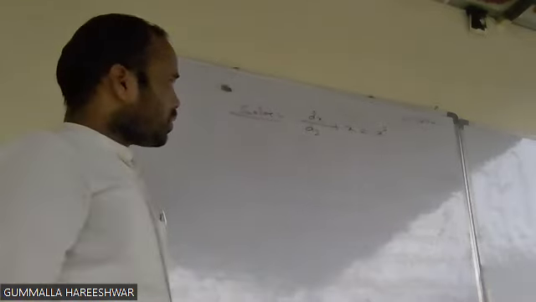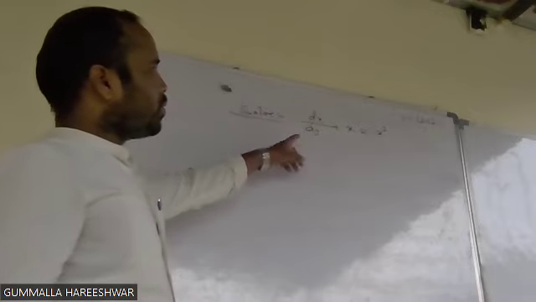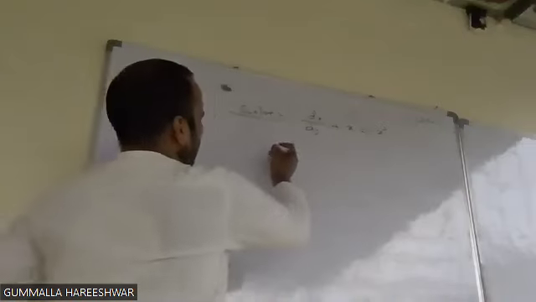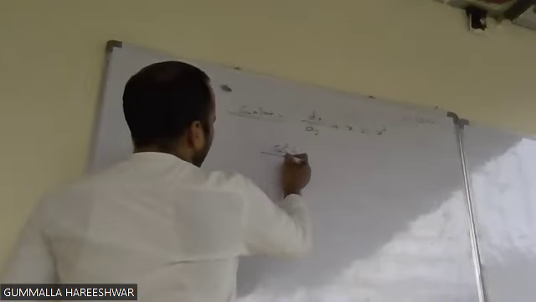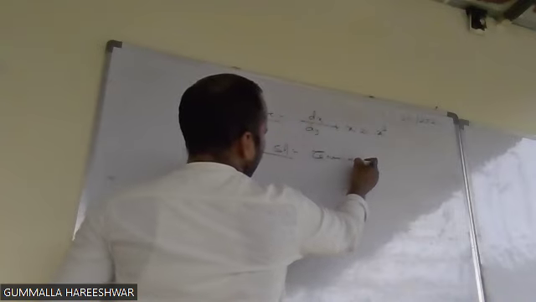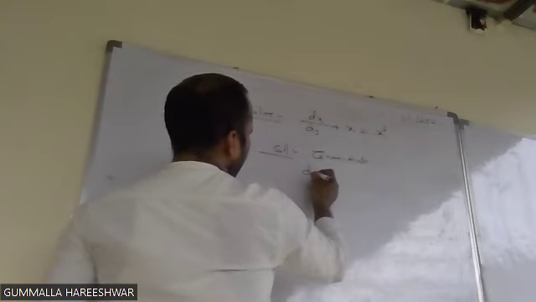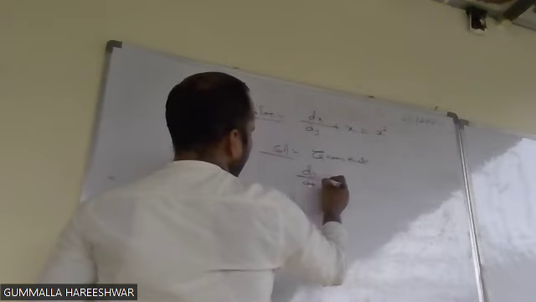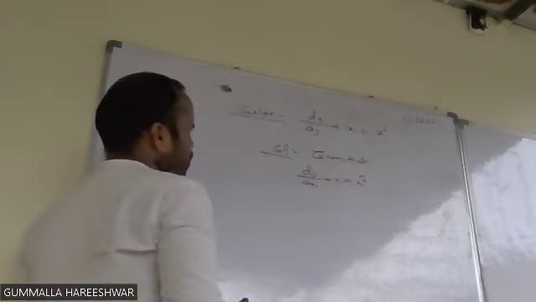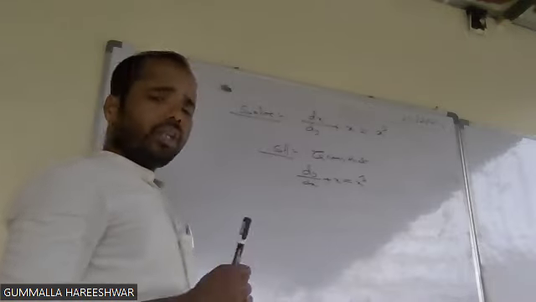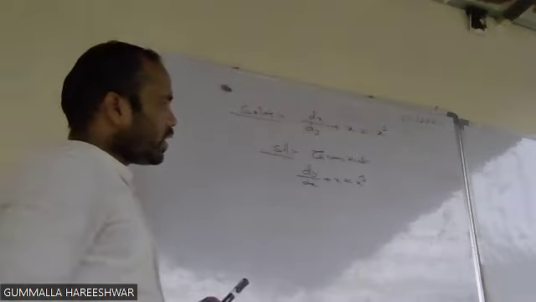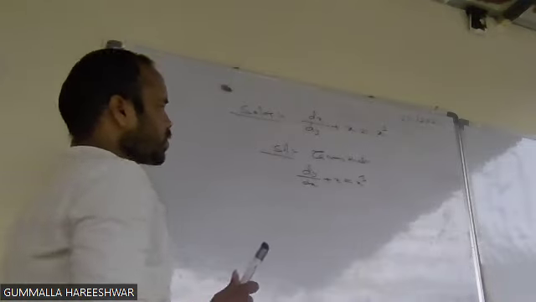Now we have to find the solution of Bernoulli's equation in x. Given that dx by dy plus x equals x cube. To convert this Bernoulli's equation into a linear equation, divide entirely by x cube.